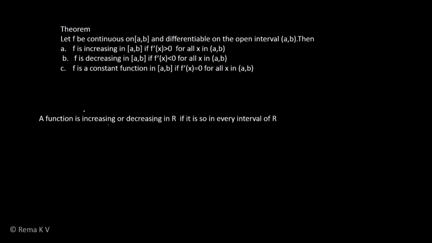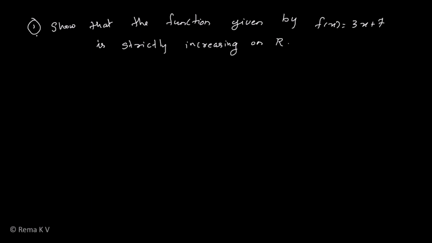Let us consider some examples now. Question: show that the function given by f of x is equal to 3x plus 7 is strictly increasing on R. First we write the given function, f of x is equal to 3x plus 7, and by the theorem we find the first derivative of f of x with respect to x.